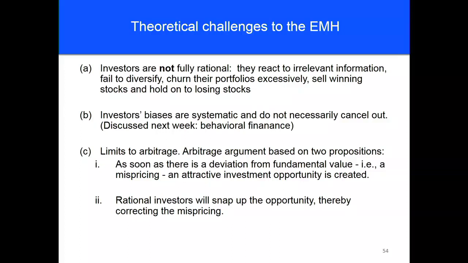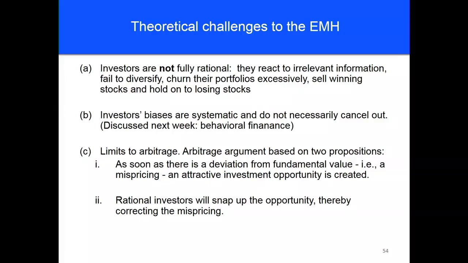If it's too low, the smart investors will keep on buying up and driving out the positions of the noise investors. So the arbitrage argument is based on two propositions: that if there's a deviation from fundamental value, some kind of mispricing, there's an attractive investment opportunity, and that rational investors will snap up that opportunity.